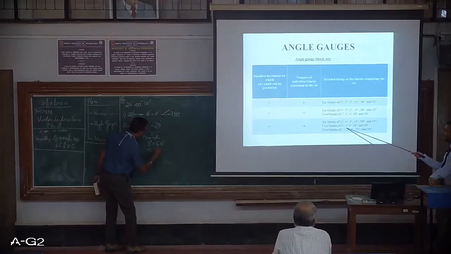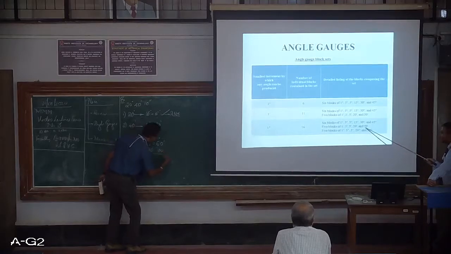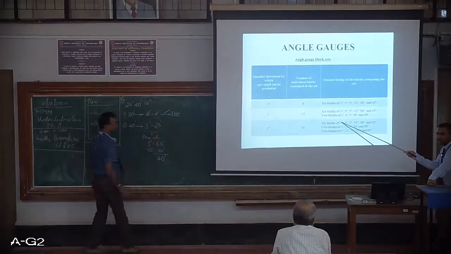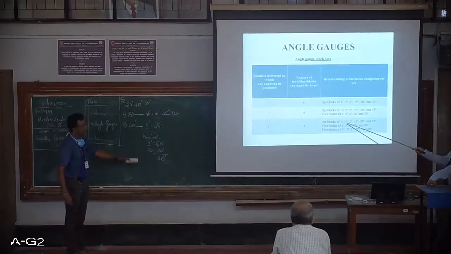To set 40 minute, it is not possible with this particular combination, that is 1 minute, 3 minute, 5 minute, 20 minute and 30 minute. How to go about this?